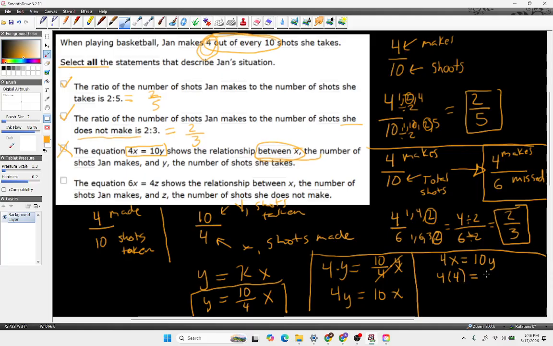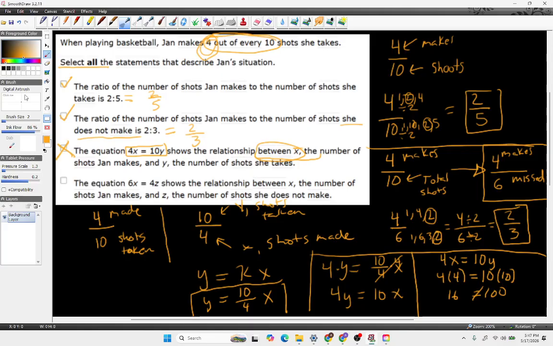And then let's plug in our y value associated with that, which is the number of shots she takes, which is 10. Let's see if these come out to be equal. 4 times 4 is 16 equals 100. This is not true, right? So that equation will not lead to this pairing, so this is not correct.